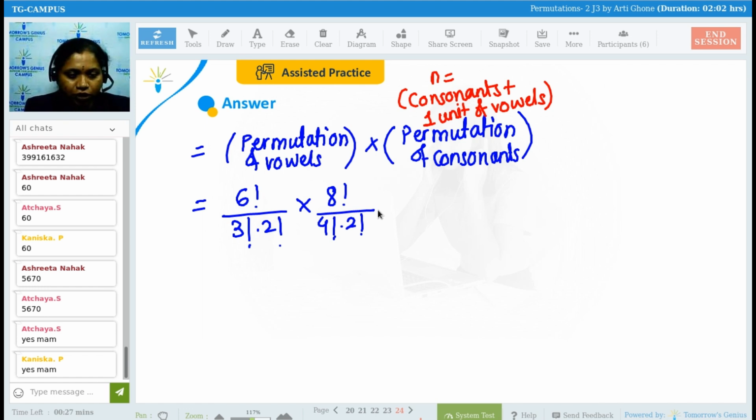Don't forget. Students make this mistake. In the very small energetic solving, they miss that consonants plus 1 unit of vowels which is moving here and there. Yes or no? That we need to take in the calculation. So that is 8. That's why it's 8 factorial upon 4 factorial upon 2 factorial. Now you are so talented. You are my students. You can easily permute these words. Tell me the final answer.